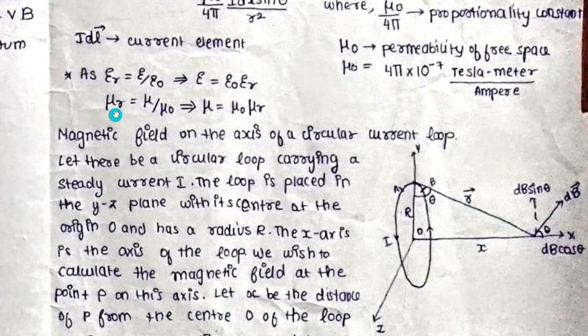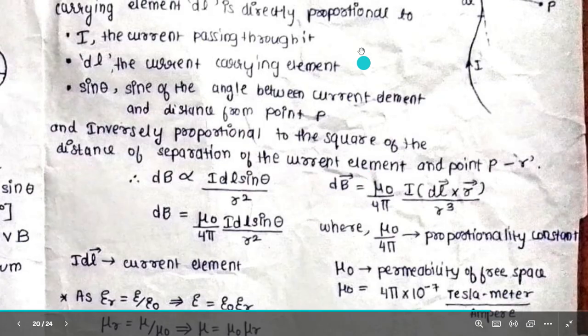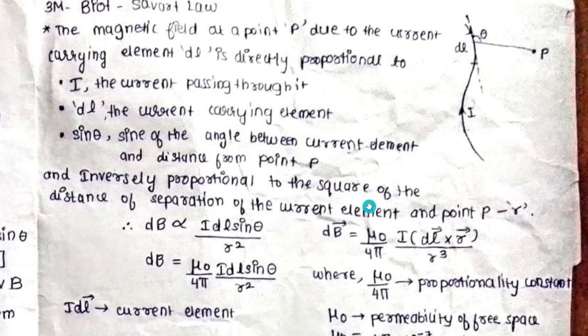Similarly, the relative permeability is the permeability of the medium divided by the permeability of free space, which implies that the permeability of a medium is equal to the permeability of free space times the relative permeability. So, this was the three marker: state and explain Biot-Savart's law.